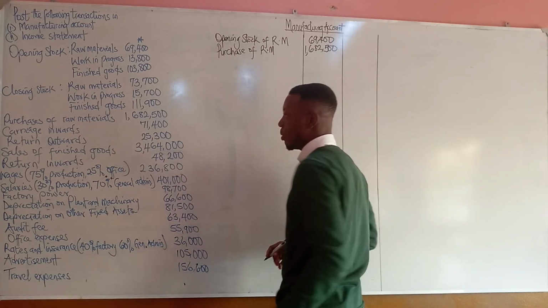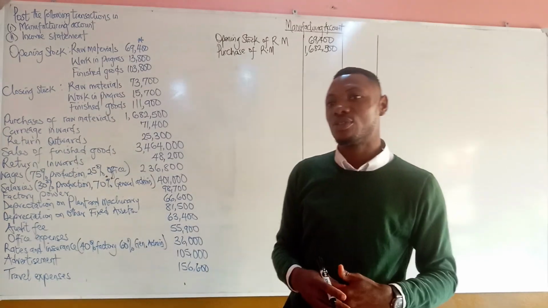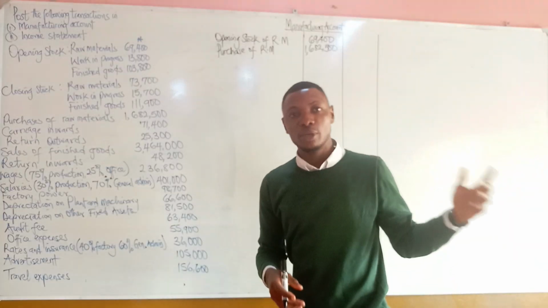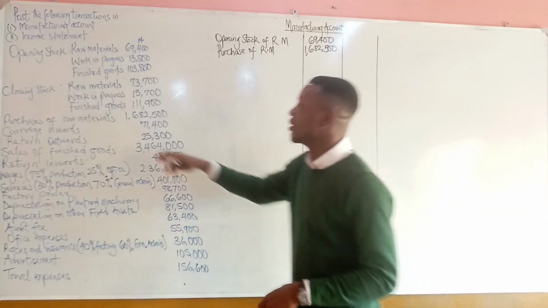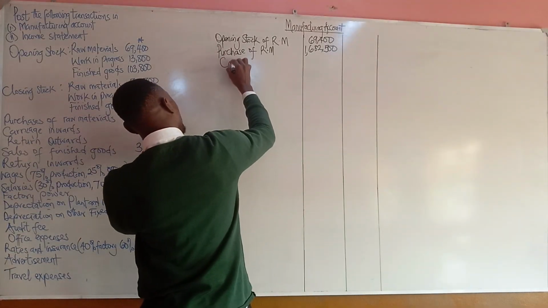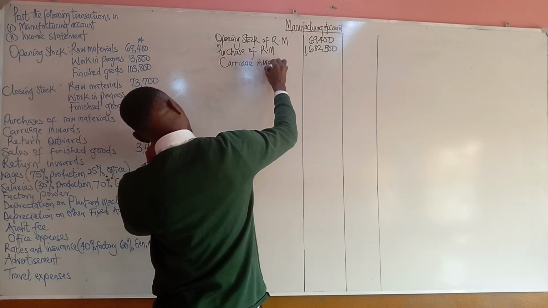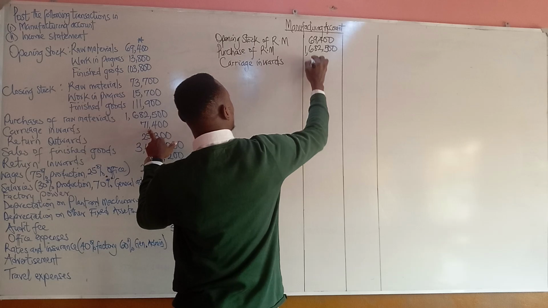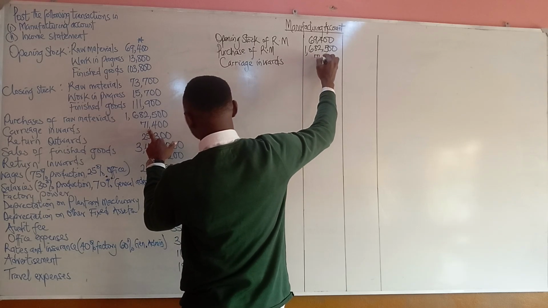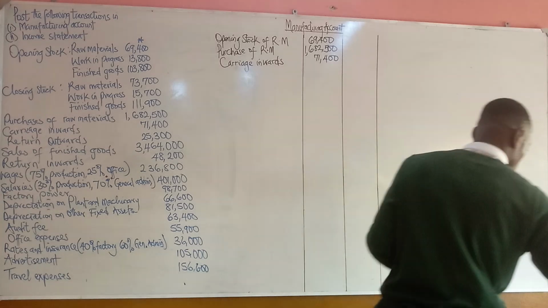Now, I'll add the carriage inwards, which is the cost of conveying these raw materials from the point of purchase to the factory. So, carriage inwards is 71,400. Now, I'm going to add these sums together.